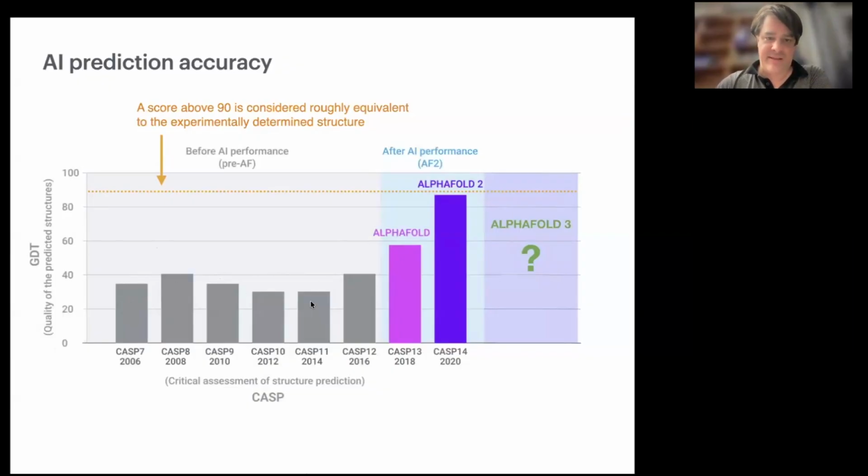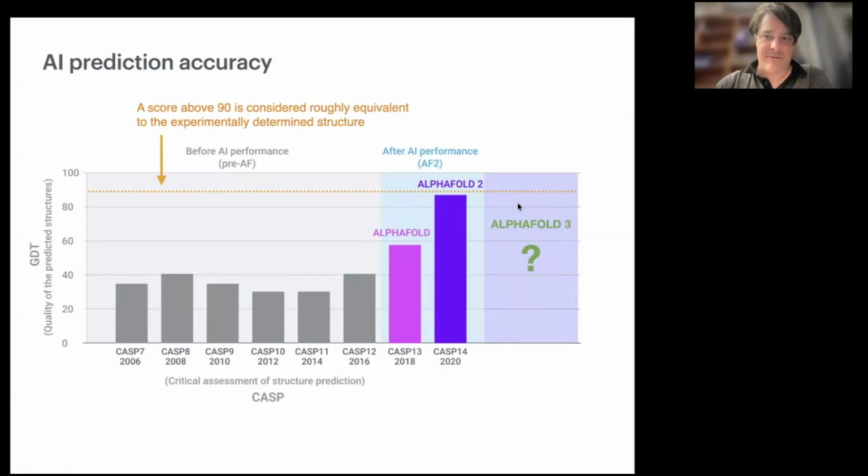And we can see that over the years, not much progress was made, but then AlphaFold made a revolution. In 2020, there was AlphaFold 2. And this 90% barrier is considered roughly the equivalent of experimentally determining the 3D structure. So AlphaFold 2 became almost as good as experimentally determining the 3D structure using X-ray crystallography.